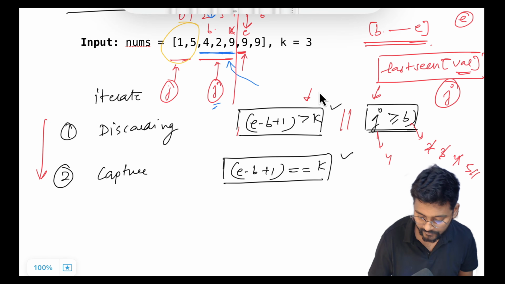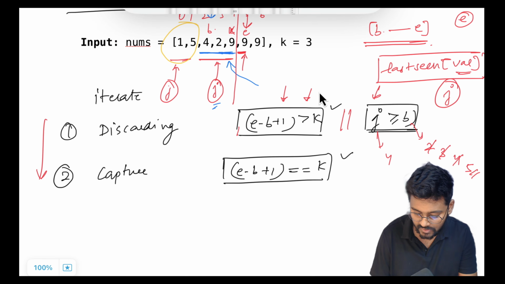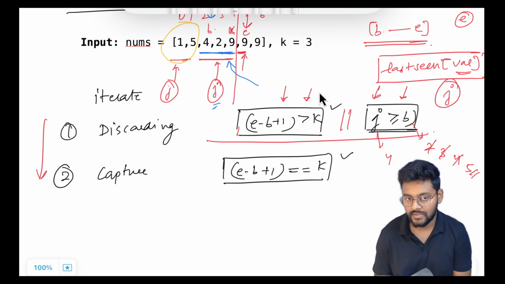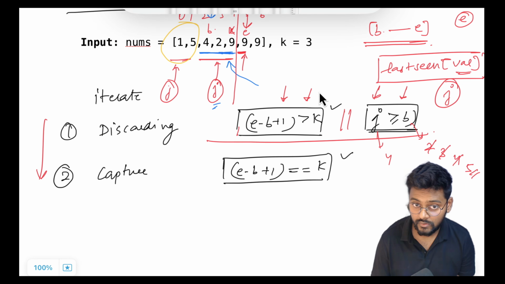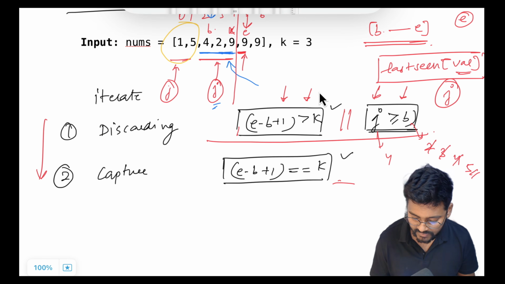So whether I'm considering this expression or this expression, whatever value I'm getting, I can discard on these conditions. If any of the expressions is giving true, just discard elements from the window and make my window valid. And in the end, if I see I can capture the window, I will capture it.